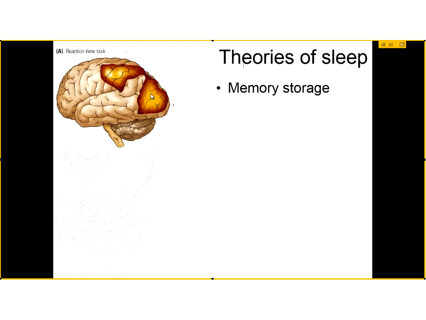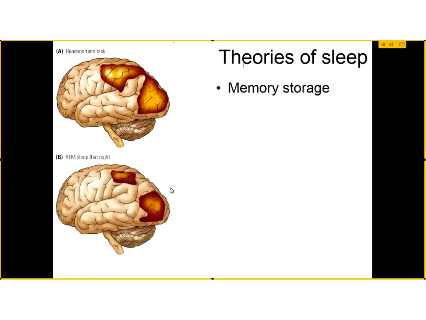Well, as they're doing the serial reaction time task and getting better, we can see both the occipital lobe as well as the parietal lobe. This is that dorsal stream we talked about, using visual information to guide movement, being activated. What happens when they go to sleep after learning the serial reaction time task? We see that those same areas are active during that night's sleep.